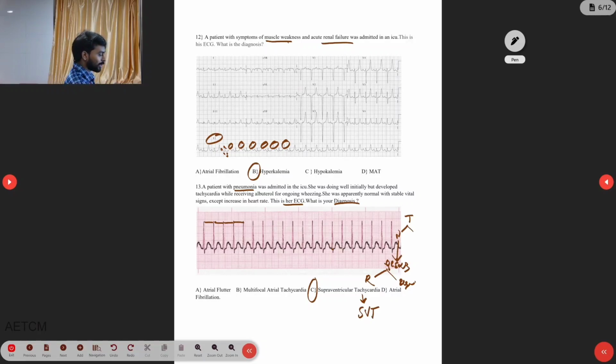A narrow complex regular tachycardia with P waves could be sinus tachycardia, but narrow complex regular tachycardia with absent P waves is supraventricular tachycardia. Based on the patient's signs of stability and all, we can decide whether to go for pharmacological treatment or to control the heart rate. That can be decided as per the ACLS protocol and the clinical condition of the patient. So the 13th question answer is C, supraventricular tachycardia.